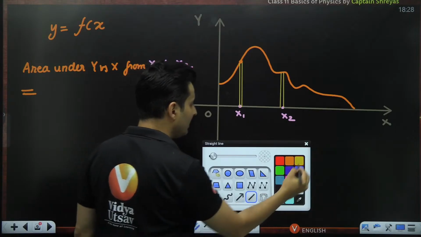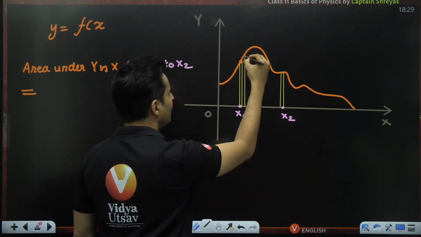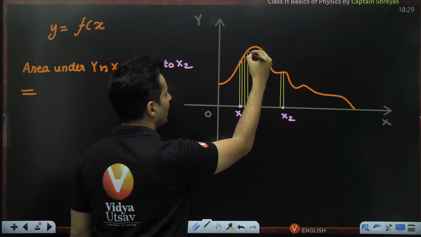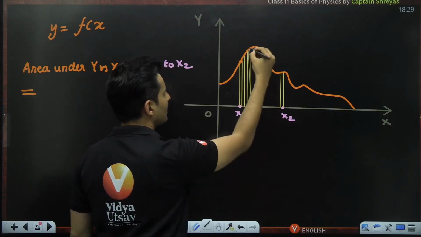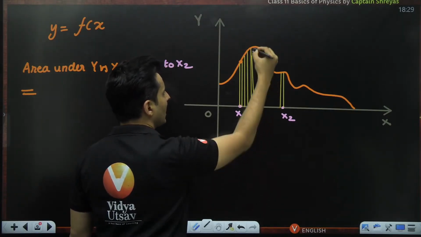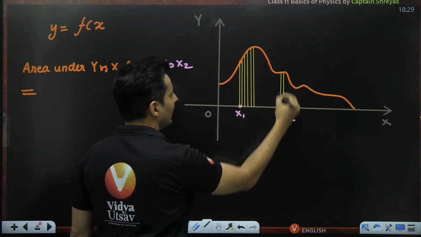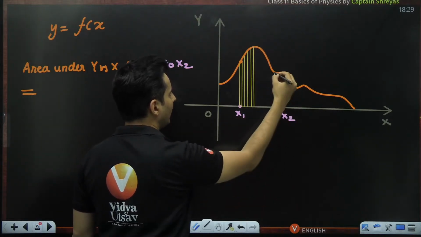So you break it down into very, very small strips basically. Okay, like this. And then you will get a fairly accurate answer.